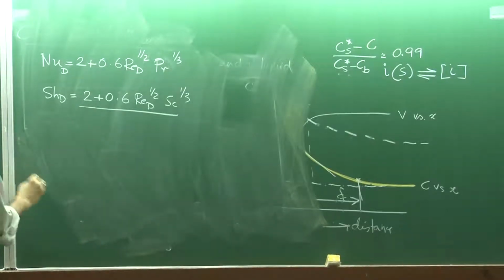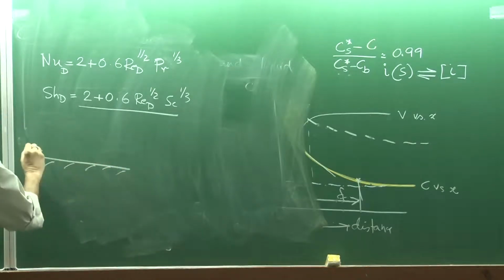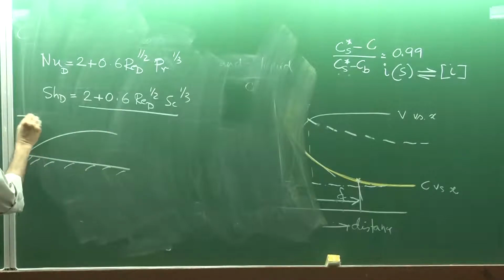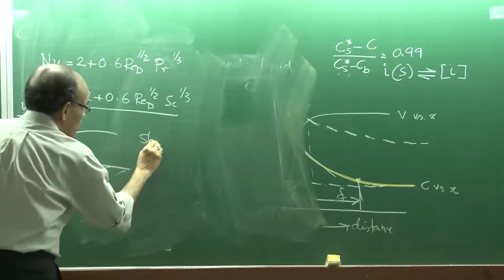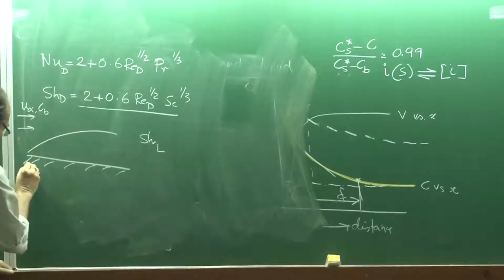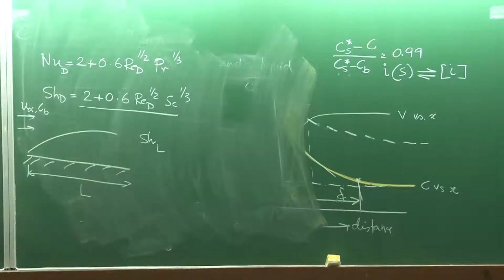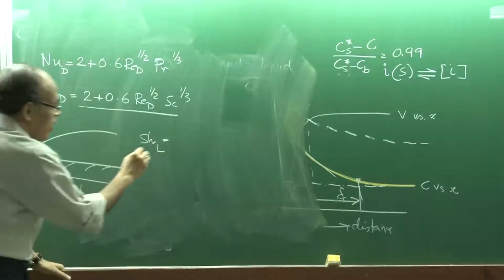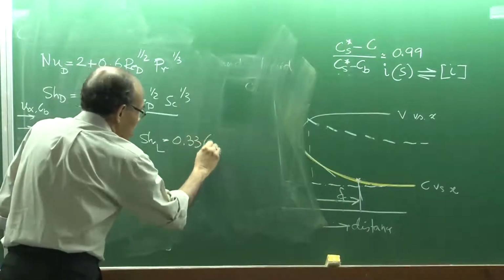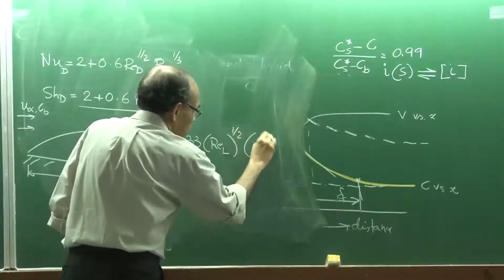Similarly, if you consider mass transfer from a flat plate, okay? If you have a flat plate here, and fluid is flowing, U infinity and C bulk. So the flat plate correlation comes out to be Sherwood's number based on plate length, and this I call the plate average Sherwood's number, where the characteristic length is the plate length, and this is equal to 0.33 into Reynolds raised to the power half and Schmidt raised to the power 1 by 3.